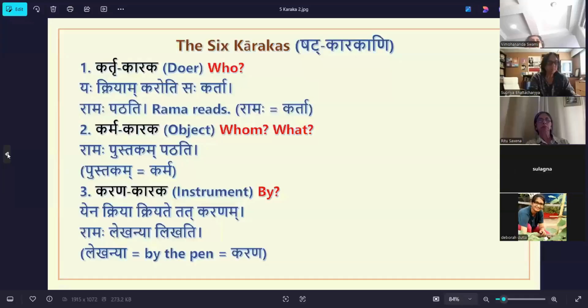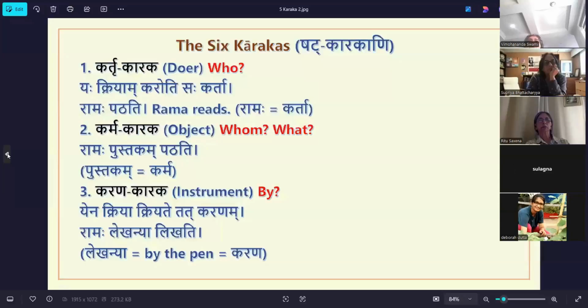Example: Ramah pustakam patati. Suppose I had given you only the pratipadikas: Rama without the vibhakti, pustaka patati. So you have to ask, who is reading? Rama. So Ramah it will be. Then you have to ask, what? What is he reading? Pustakam patati.